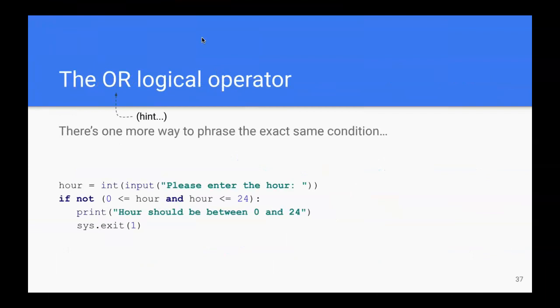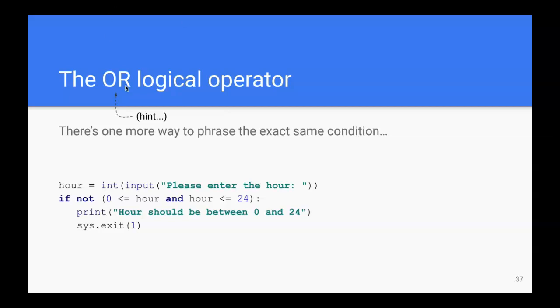Okay, now that we've learned AND and NOT, there's yet another way to phrase the exact same condition. You might want to try to think about it a little on your own first.